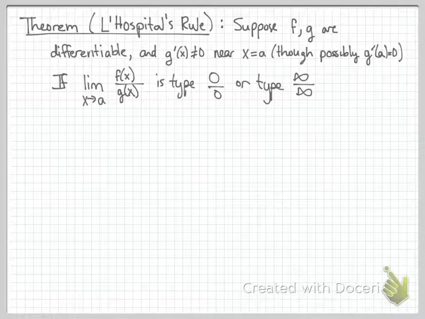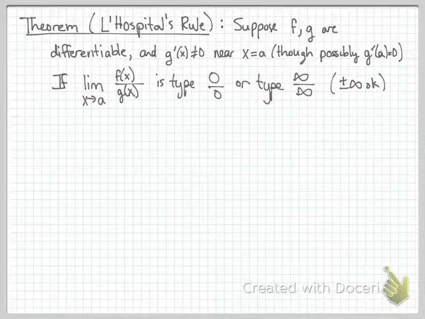If that happens to be a type 0 over 0 or type infinity over infinity limit, then this theorem will apply. So infinity over infinity, I should point out, one or both of those infinities could be positive infinity or negative infinity. It's okay. That's still type infinity over infinity.